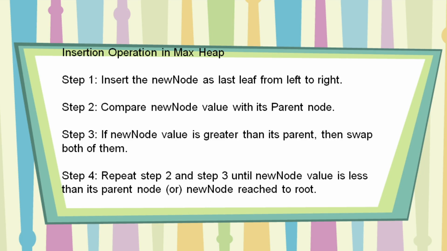Now if I want to insert a new node in the max heap structure, the first step is that a new node should be created at a leaf position from left to right. Next, compare the new node value with its parent. If the new node value is greater than its parent, then swap both of them. Repeat steps 2 and 3 until the new node value is less than its parent or the new node reaches the root.